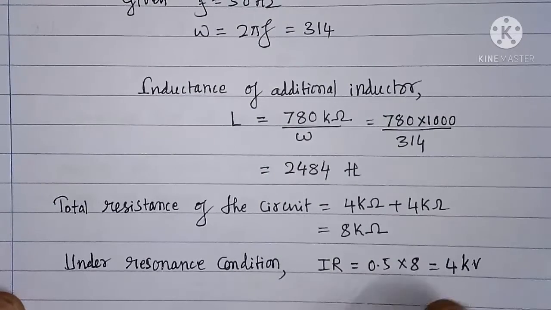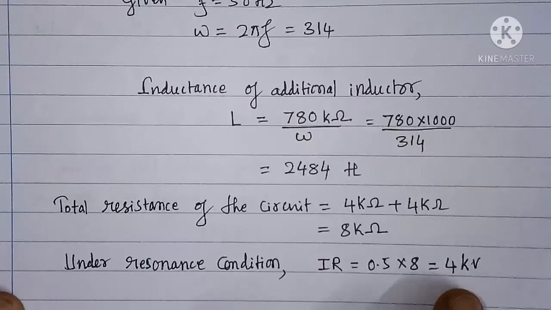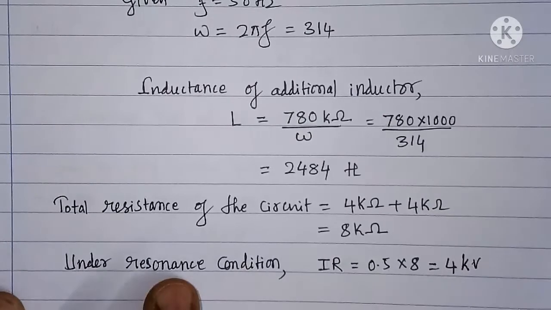Now to get the input voltage, we have to transfer this secondary side voltage to the primary side of the feed transformer.